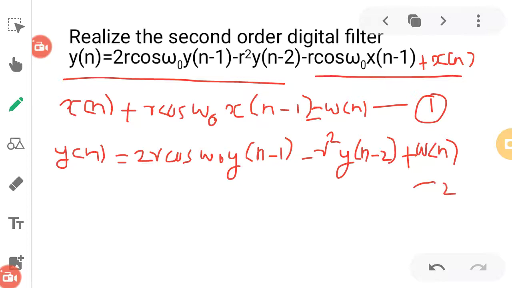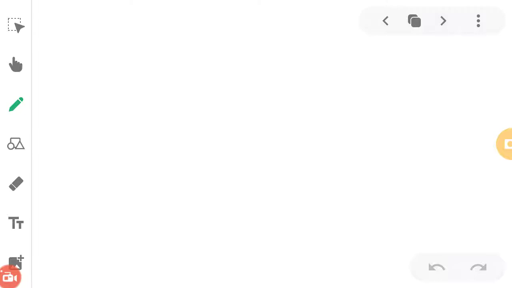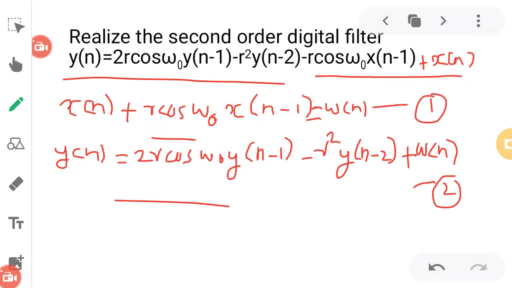Okay, this will be equation 2. First we have to draw w of n, then we have to draw y of n, and then we have to combine these two forms together. Okay, first we can draw w of n.